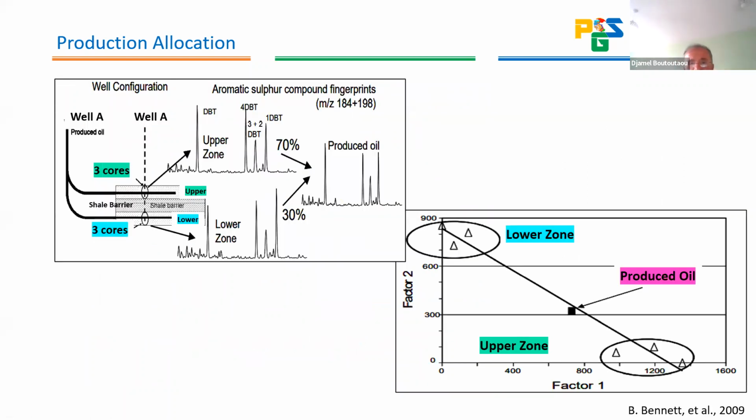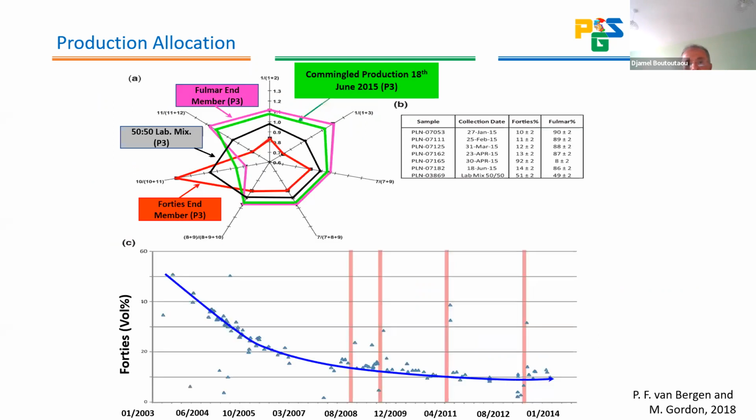There are different examples shown here. In this example, the pink one is from this reservoir member. The red is from the 40s member. We made a 50-50 mixture of the oils, which plots here.